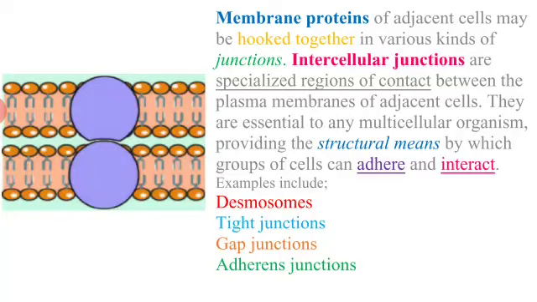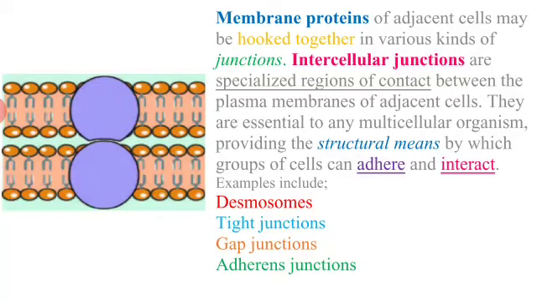No cell is an island, especially if you're talking about multicellular organisms. There has to be some element of communication. So those contact points are referred to as intercellular junctions, and we have types of intercellular junctions. You could mention them, and in the next slide we give briefly the functions of each. Desmosomes, the tight junctions, the gap junctions, adherence junction.